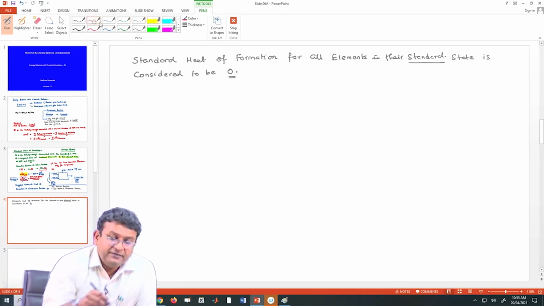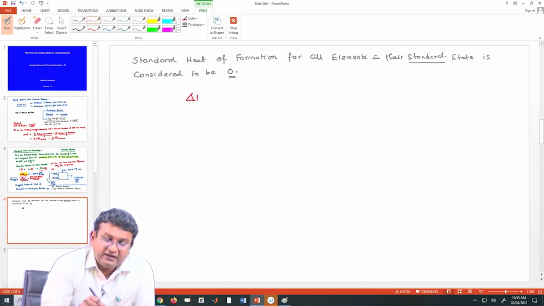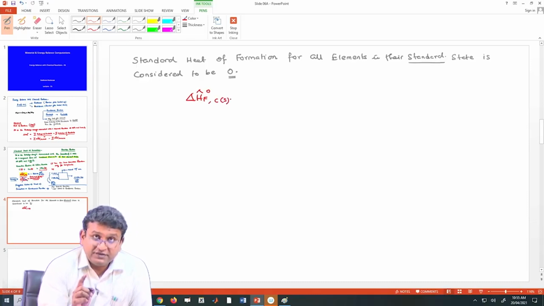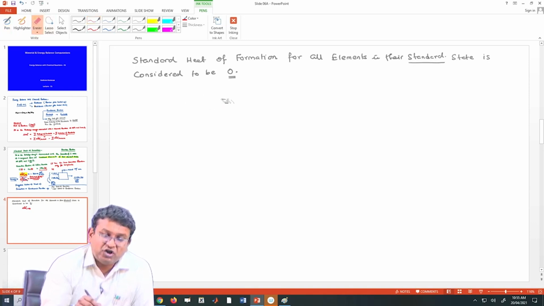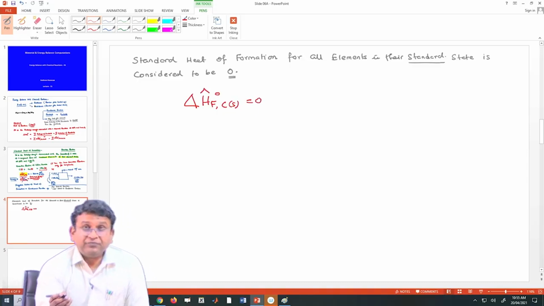So, what does it mean? If you write something like standard heat of formation of carbon, which is solid at room temperature, it must be solid, this is equal to 0.